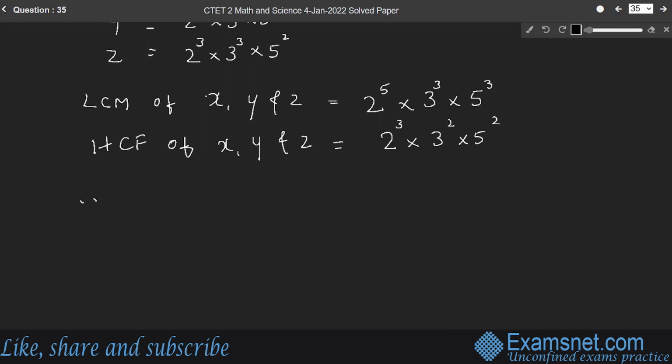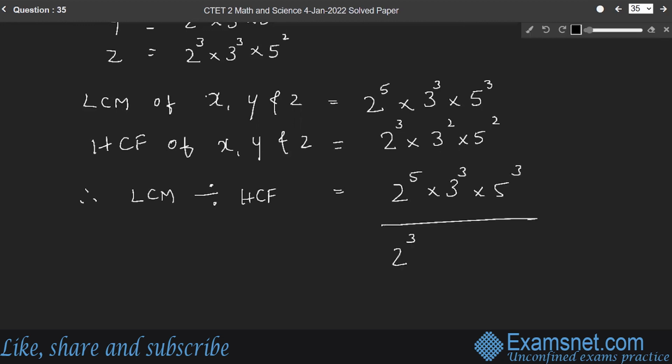Therefore, LCM divided by HCF, 2 to the power of 5 into 3 to the power of 3 into 5 to the power of 3 divided by 2 cube into 3 square into 5 square. So apply the rule of a raised to m by a raised to n is equal to a raised to m minus n.